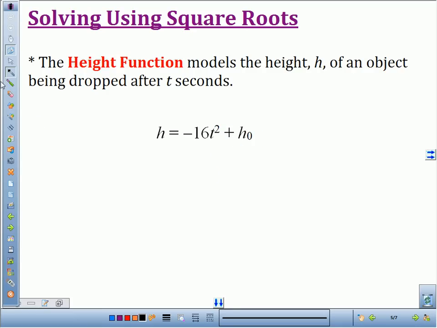Now, the parts that we have here, just to give us an idea of what we're actually looking at: this h is the height of the object. Whenever we figure out what the height is, that's the height of the object. Now this negative 16t squared, that is how far the object has fallen.